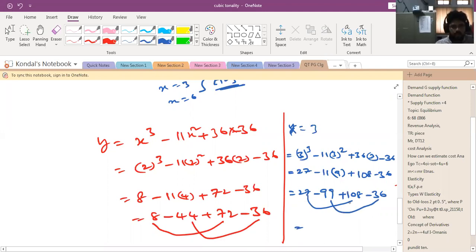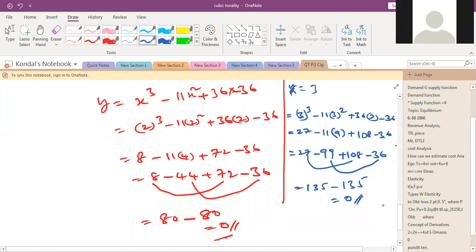Simply you can add them. 108 plus 27, how much will we get? 135. The minus values are 99 as well as 36. When you add these minus values, you get 135. So 135 minus 135, you will get 0.